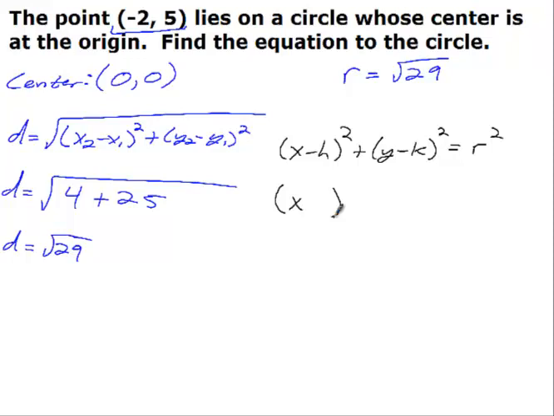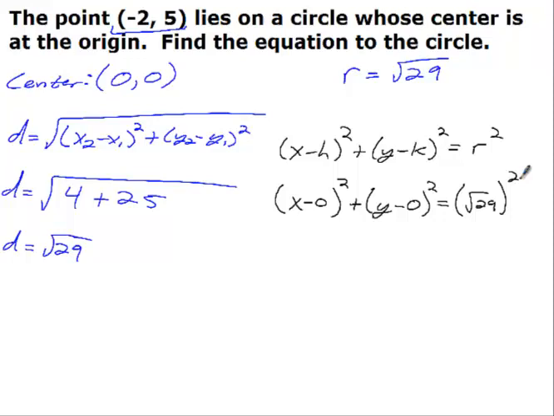X-coordinate to the center, right? What's the x-coordinate to my center? Okay, so I get x minus 0 squared plus y minus, what's k stand for? Okay, it is a 0 because that's the what? The y-coordinate to the center. Equals, what was my r? Square root of 29 squared. Everybody okay so far, yes or no?